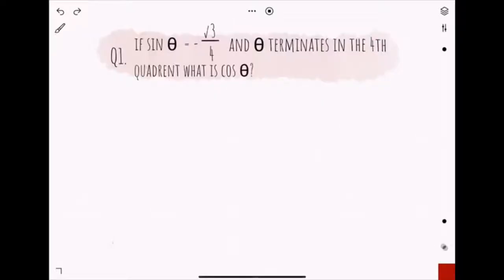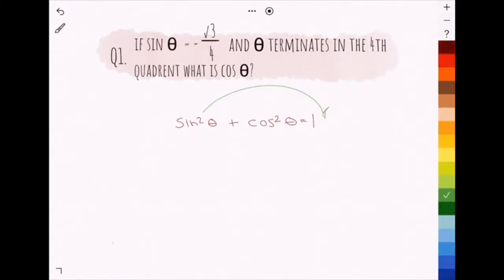If sine theta equals negative square root of 3 over 4 and theta terminates in the fourth quadrant, what is cosine theta? For this question, we will use the Pythagorean identity formula, which is sine squared of theta plus cosine squared of theta equals 1. The first step is to move sine to the other side and start from there.